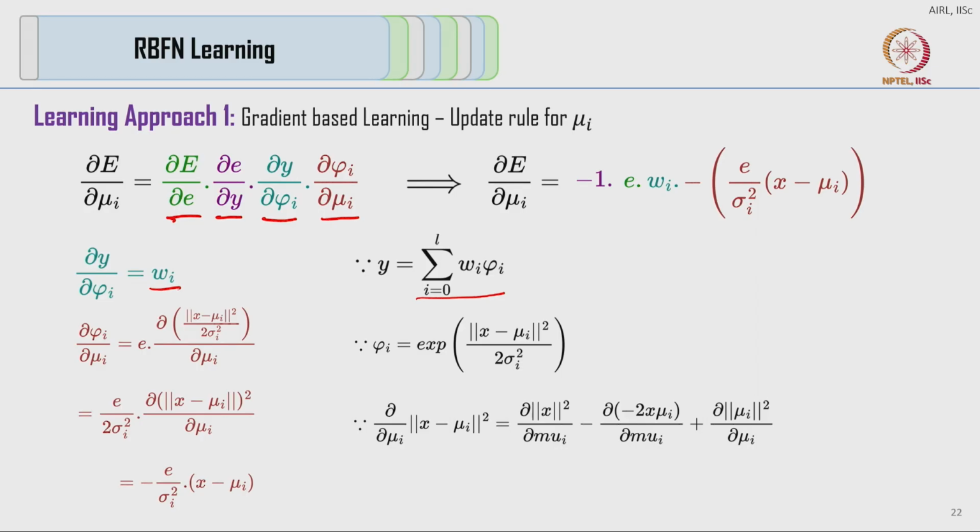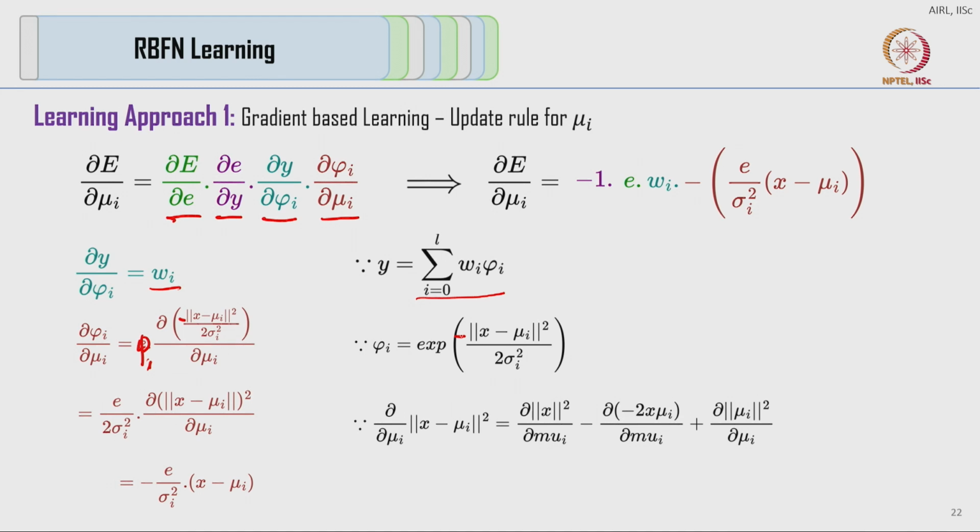When you differentiate ∂φi by ∂μi, right? So whatever ∂ of e power x is the same, that is φi times ∂ of the term inside. There is a negative here, sorry.